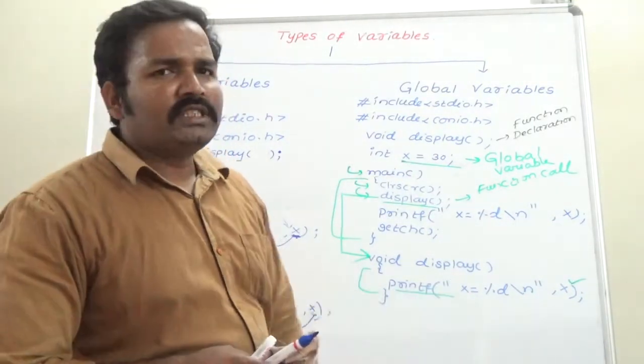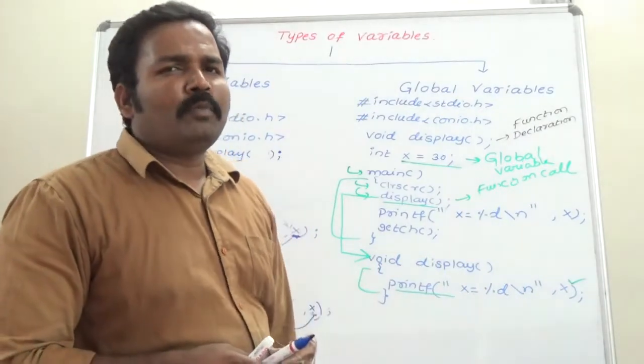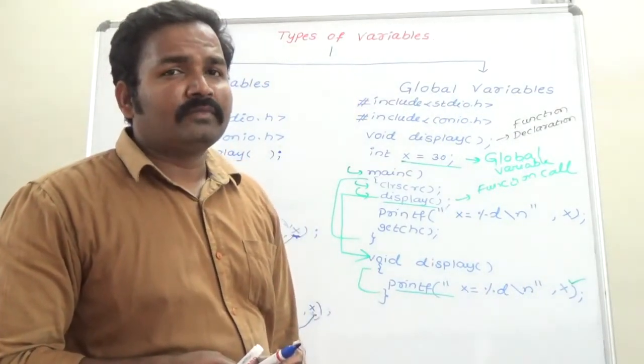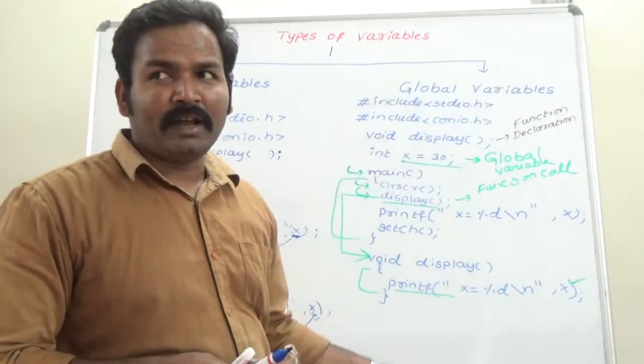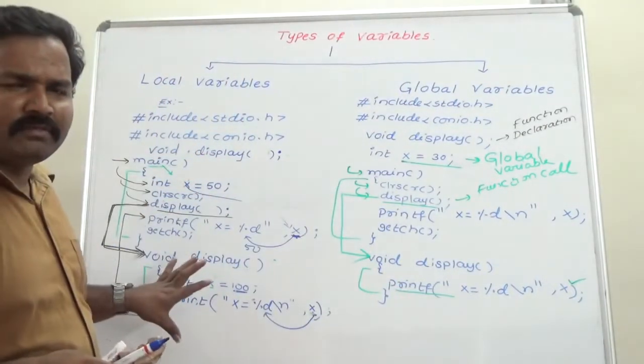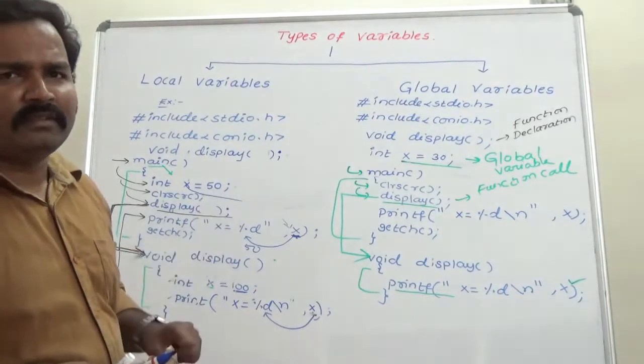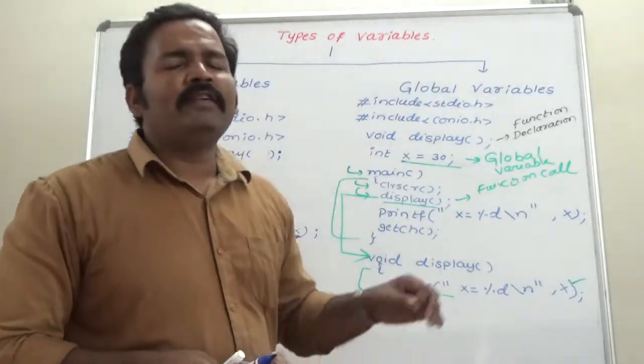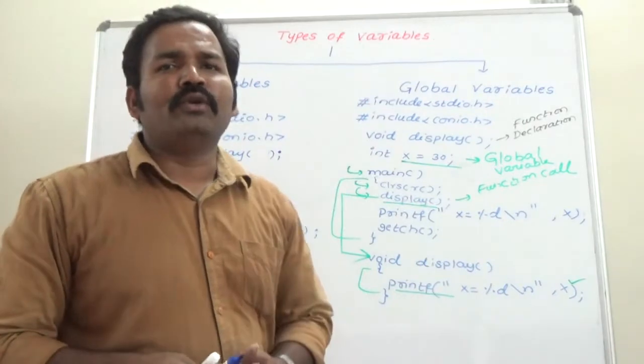Now we have to discuss scope. The scope of a local variable is limited to the function in which we have declared it. But the scope of a global variable is limited to the program.